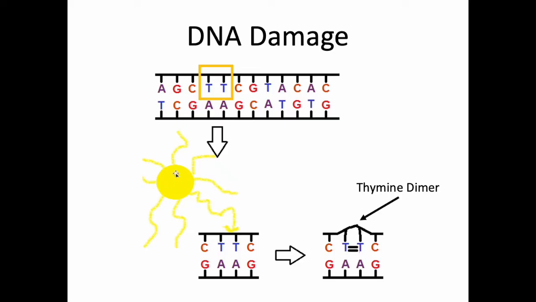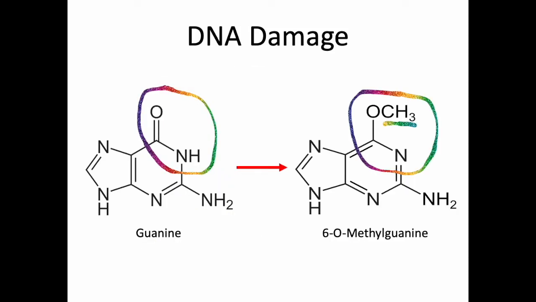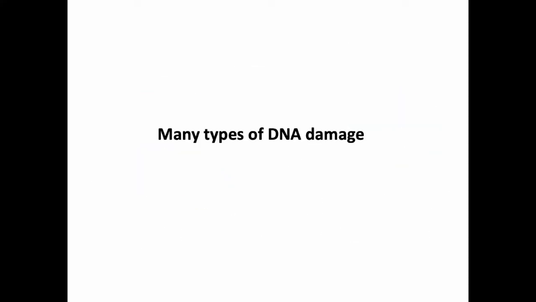Sometimes it's bigger. Oh yeah, a crude rendition of a sun here. Ultraviolet light does indeed cause this type of DNA damage where you link a couple of adjacent thymine bases to one another, and that's causing the DNA to bulge out. Don't sweat either of these details. They're just making this point. There are lots of different ways in which DNA can be damaged.